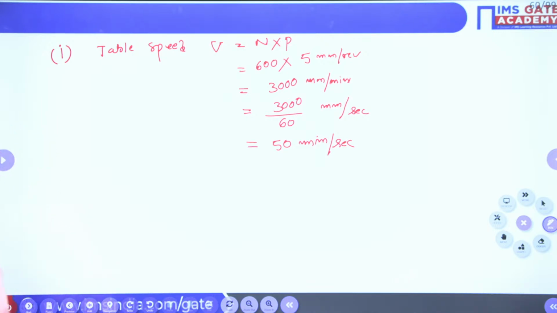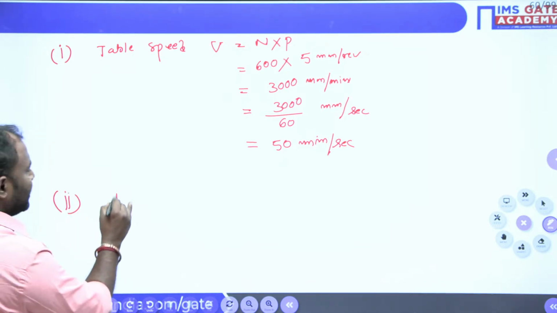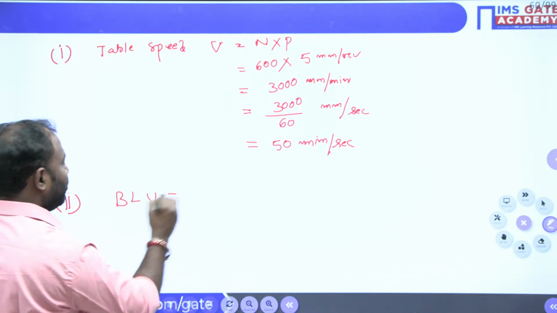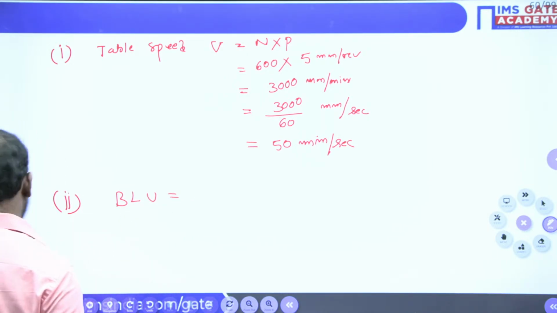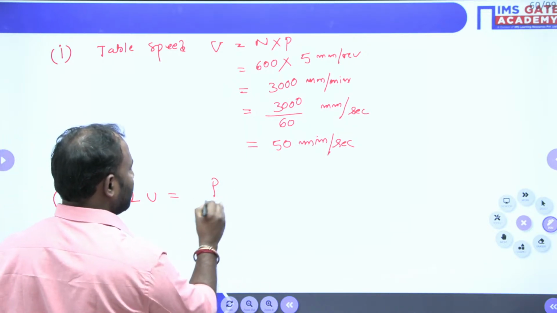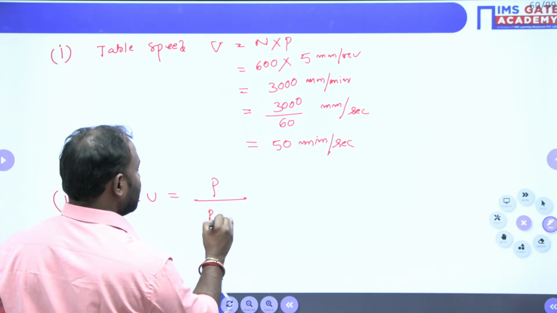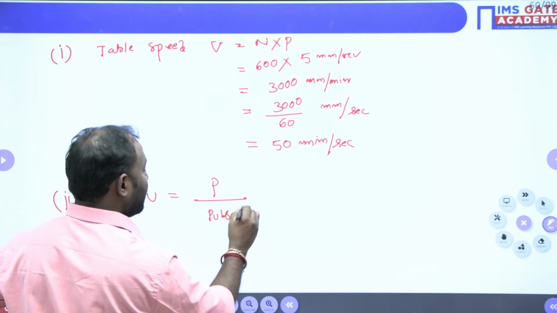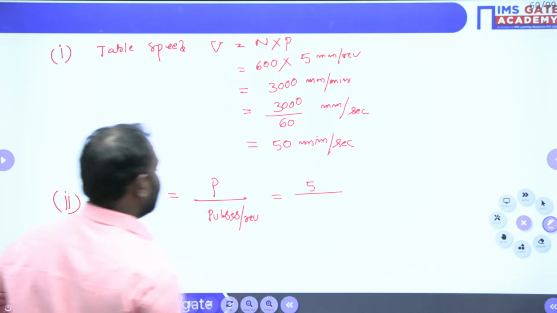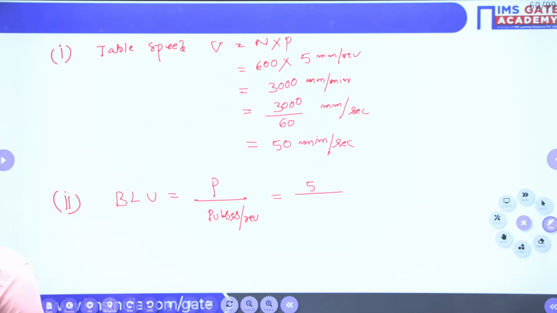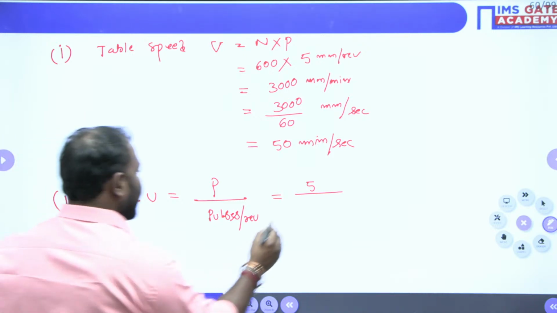Next is the basic length unit, BLU, we have to find. BLU is pitch divided by pulses per revolution. Now pitch is equal to 5 and pulses per revolution is equal to 500 pulses.